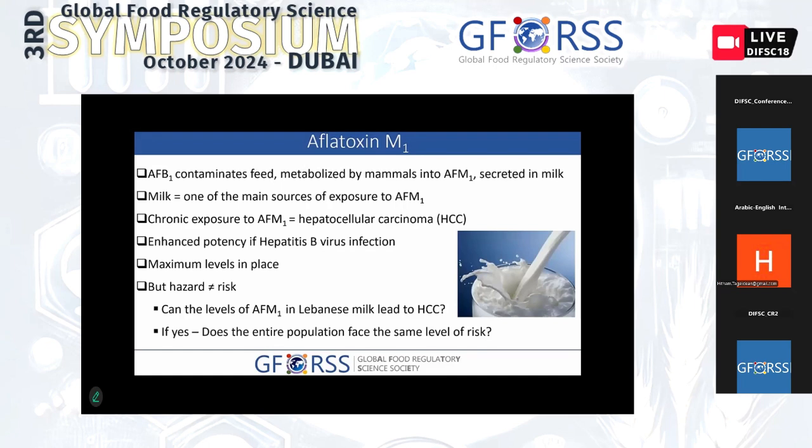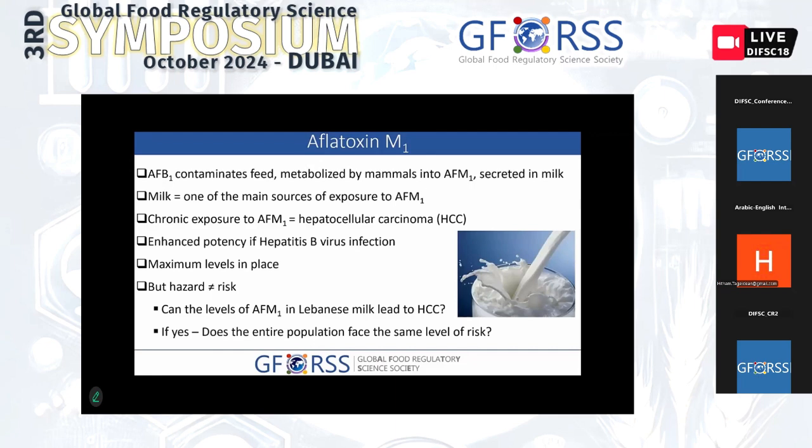AFB1 is metabolized into AFM1 in the liver of individuals and then excreted into the milk of lactating mammals, including, of course, dairy animals. The presence of AFM1 in milk is a worldwide concern, as even small quantities of this metabolite can be significant in the long term.